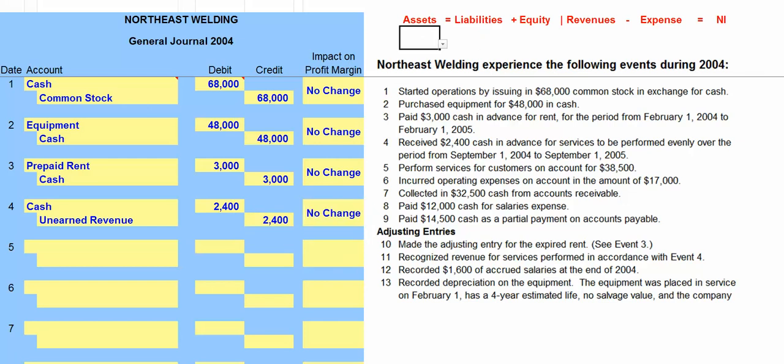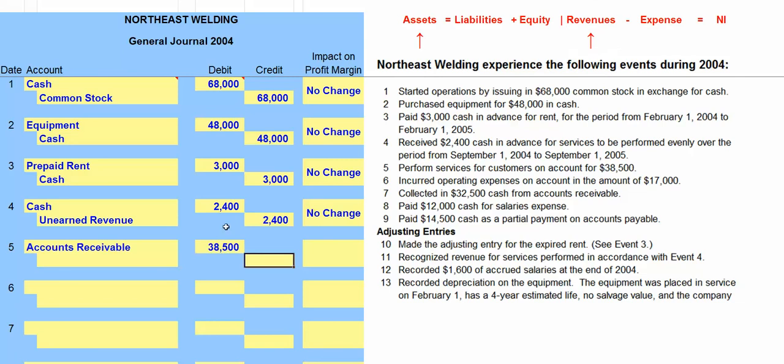In transaction 5, we perform services for customers on account for $38,500. Since we've performed services, we have a revenue, and on account means we've had an increase in accounts receivable. So we have an increase in assets, which will be a debit, and an increase in revenues, which we will record with a credit.